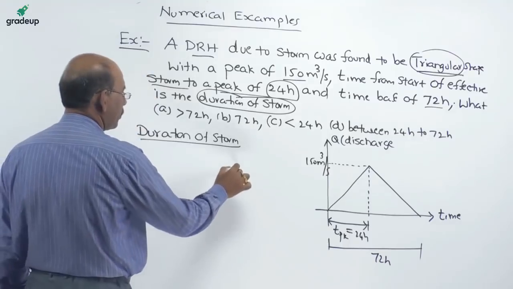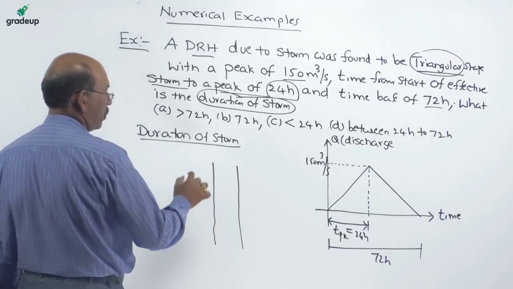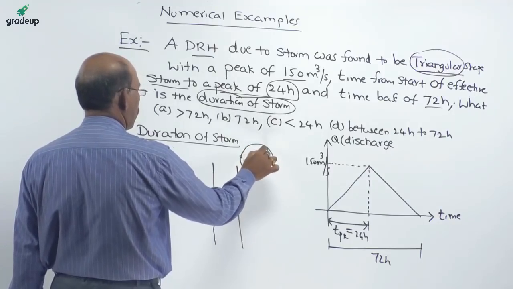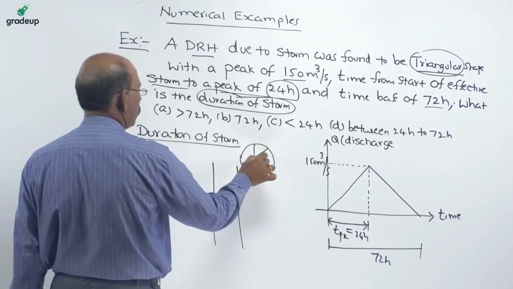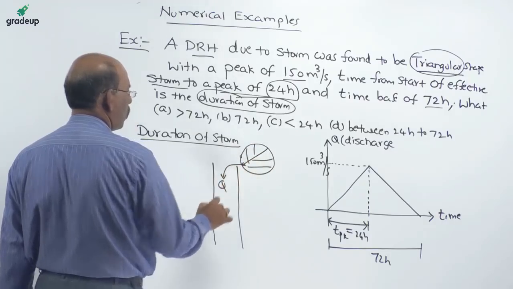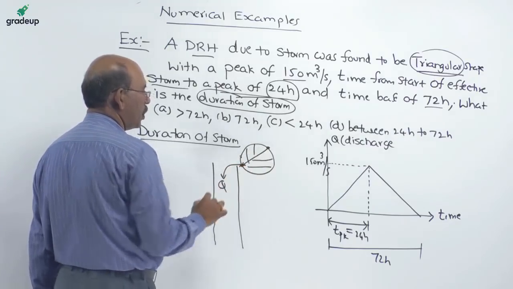This is the river and this is the catchment, and all this flow is taken from the farthest point to the nearest point.